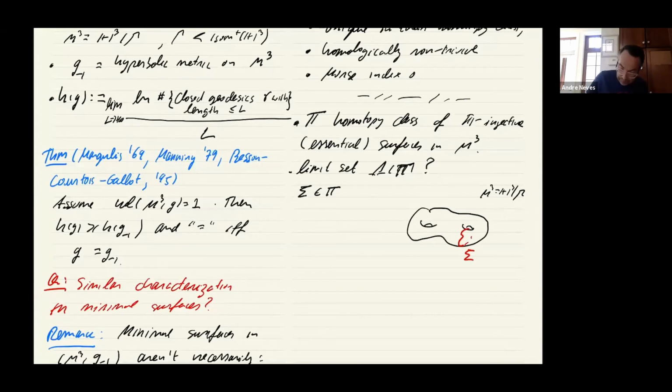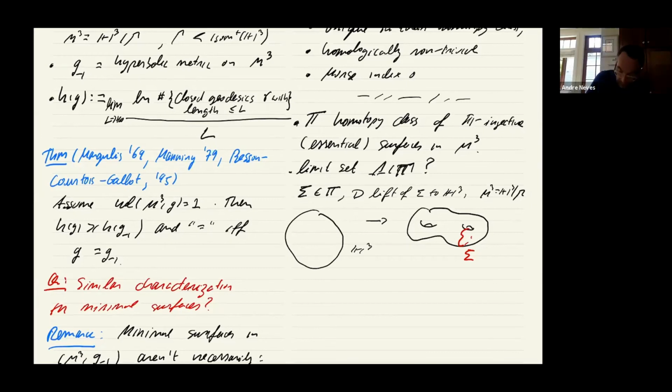Now let's lift sigma to the universal cover. We know there's a map from the universal cover, which is H3, that projects onto M3. Let's take D to be the lift of sigma to H3. Because sigma is pi 1 injective, the lift is a disk.